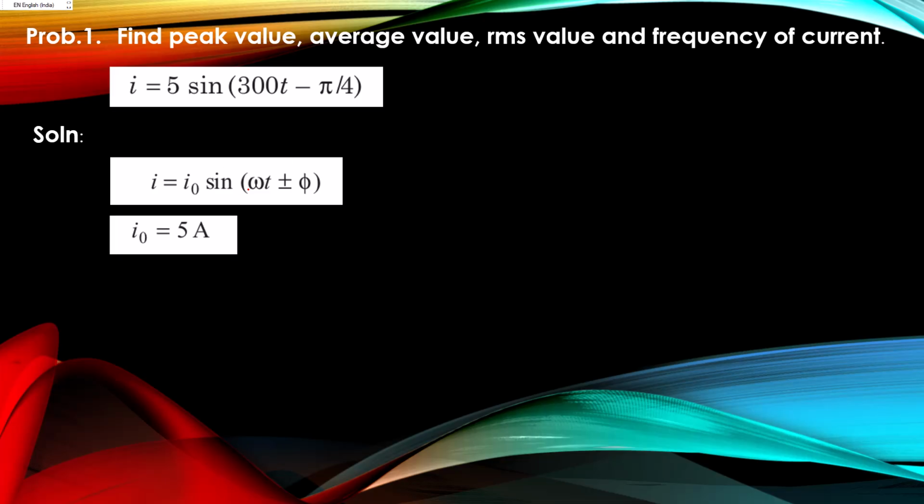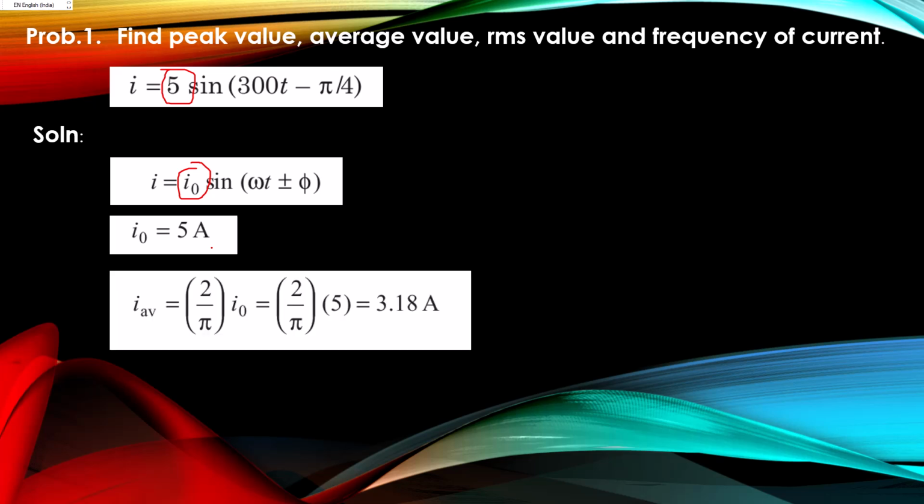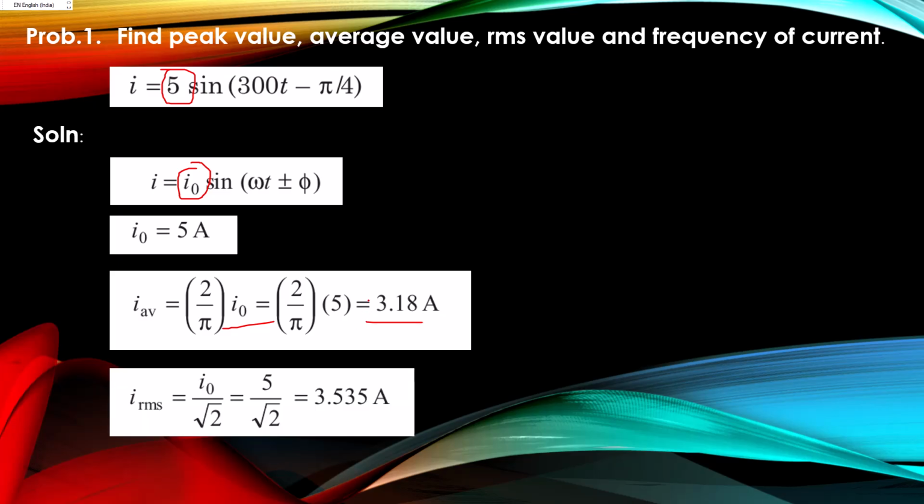After comparing we get I0 equals 5 ampere. The average value is 2 by pi times I0, and with a simple calculation, 3.18 ampere. The RMS value is I0 by root 2, and substituting this value we get 3.535 ampere.